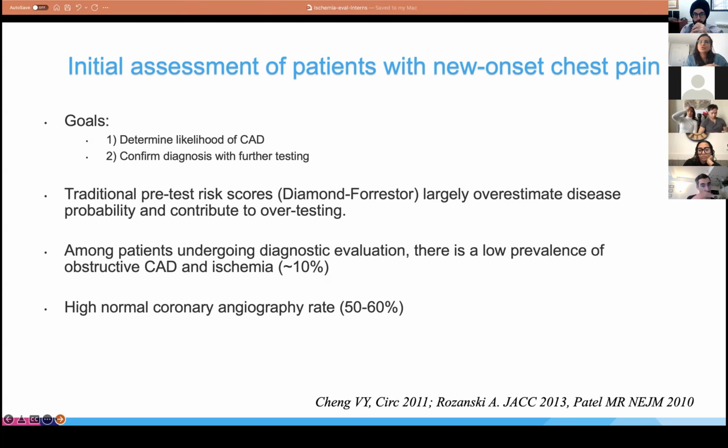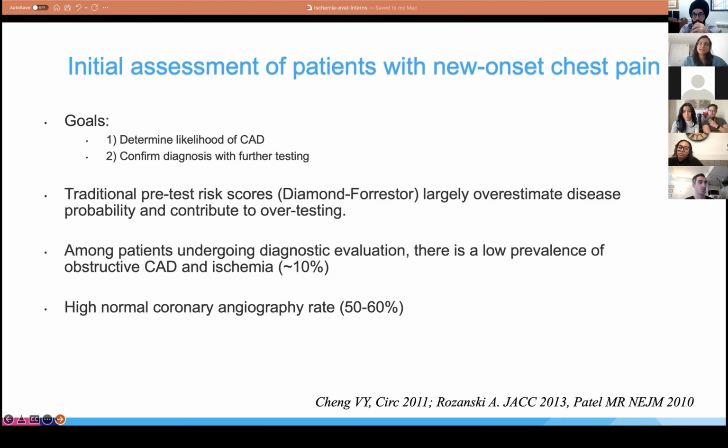Why do we say that? Over the past 2 decades, as our treatment has improved and more and more patients are on preventive medications such as aspirin and statins, with newer therapies, they're less likely to have ischemia. This is seen in multiple national studies, where out of everybody who undergoes a stress test to look for ischemia, only about 10% actually have evidence of ischemia.